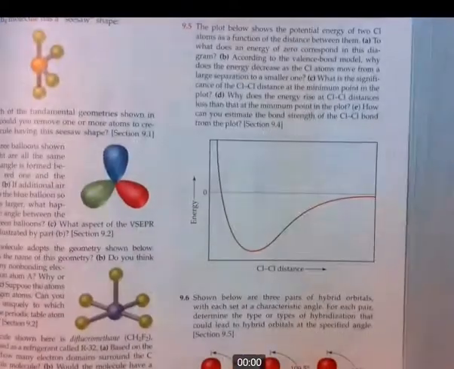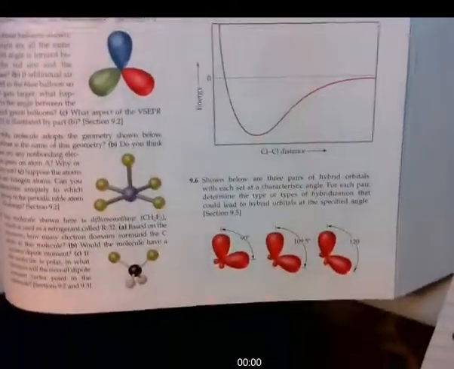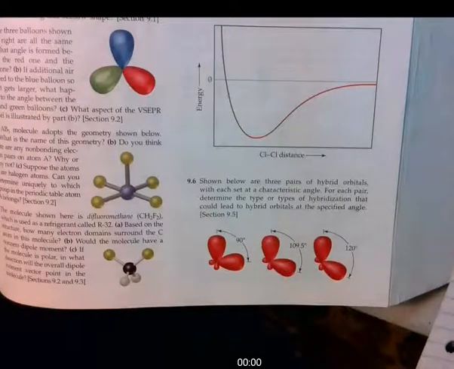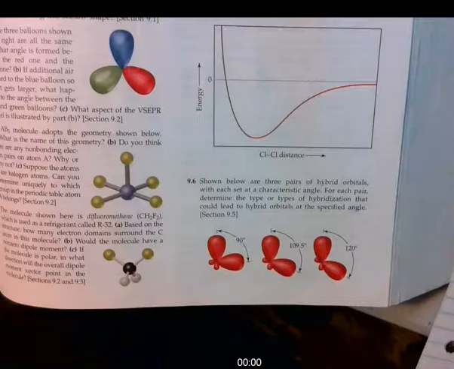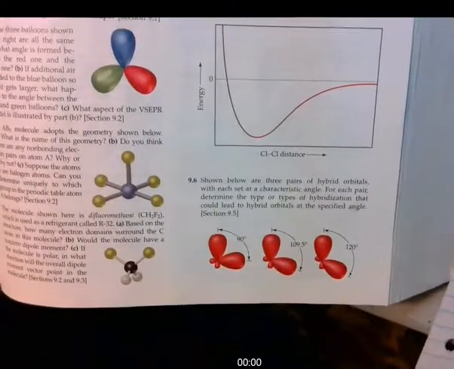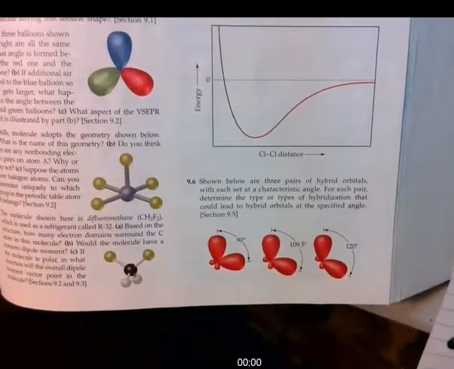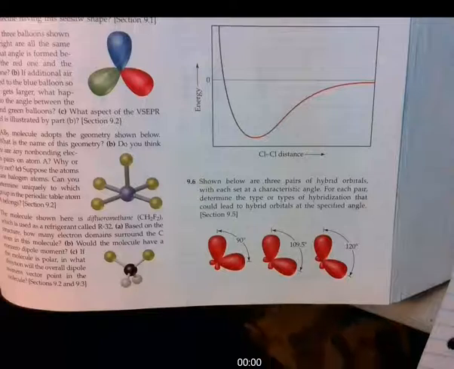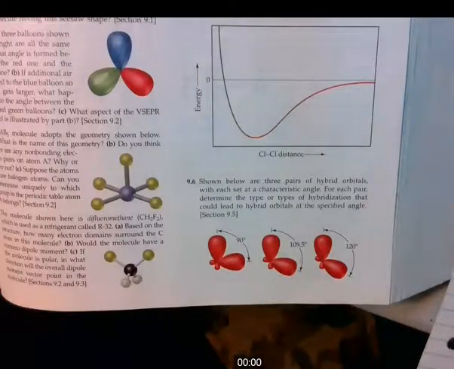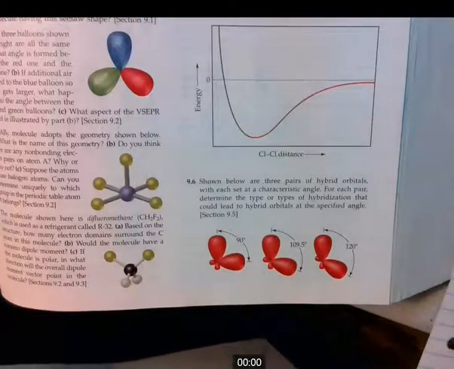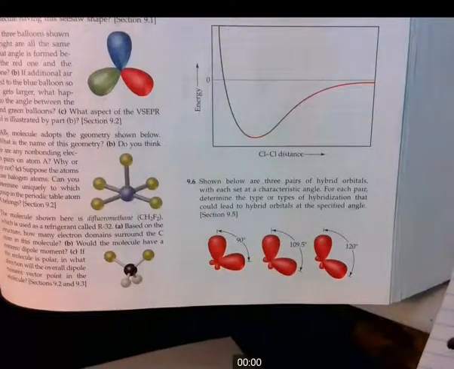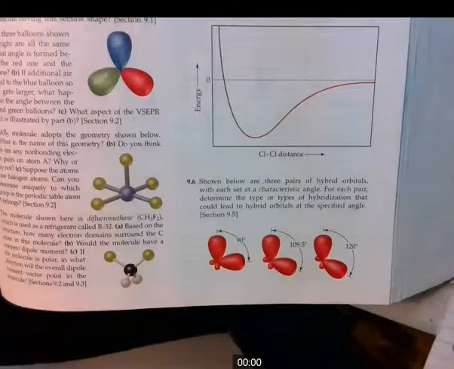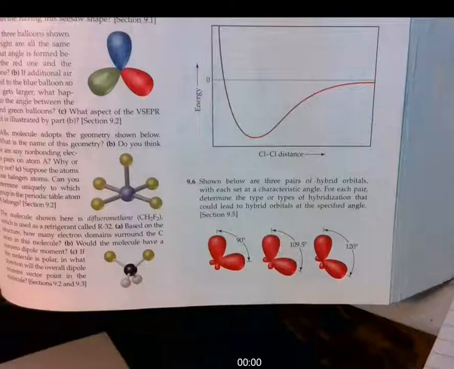Okay. So 9.6: shown below are 3 pairs of hybrid orbitals with each set at a characteristic angle. For each pair, determine the type or types of hybridization that could lead to those hybrid orbitals. So we're getting a little bit into hybrid orbitals here. Let's go over to our sheet and look at the first one.